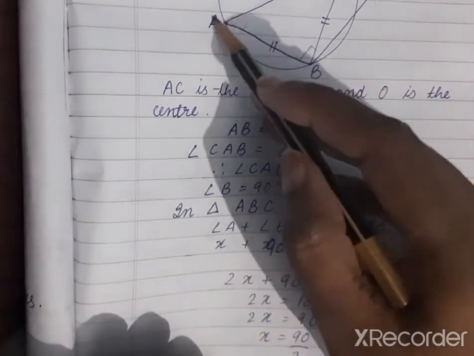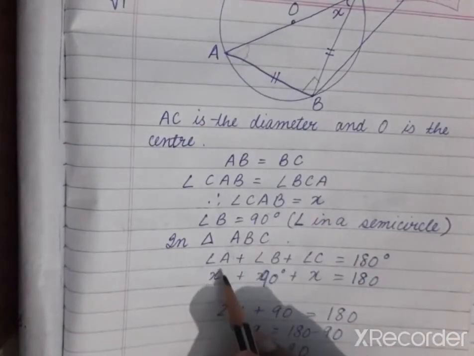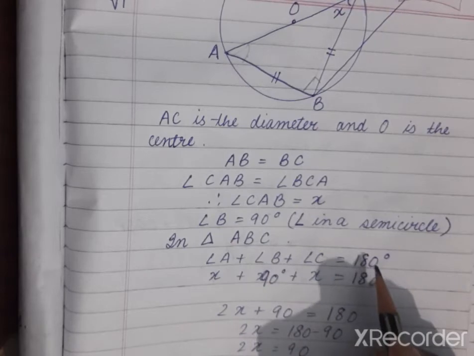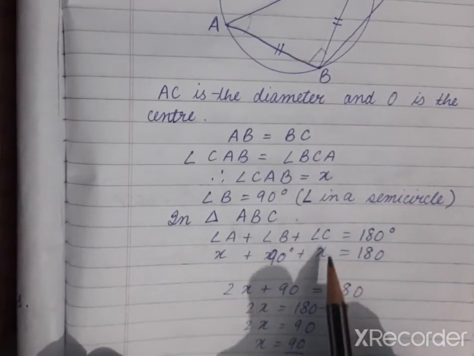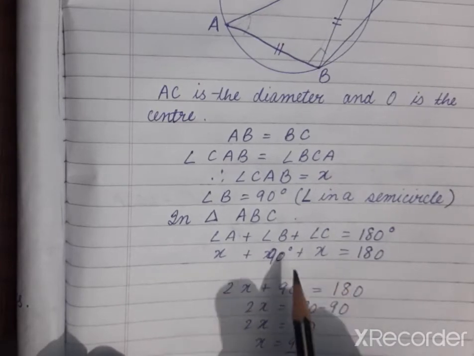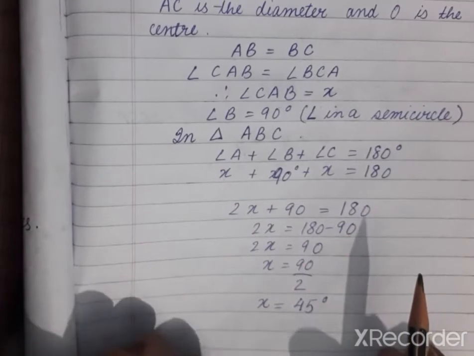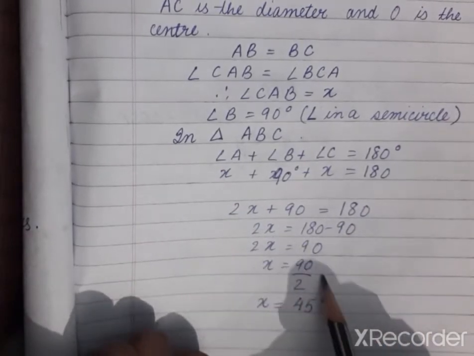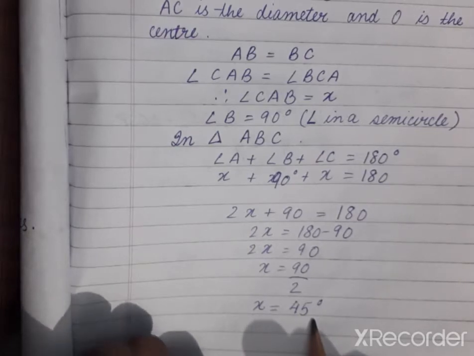Then in triangle ABC, A plus B plus C will be equal to 180. By putting the value, A and C are x, therefore x plus x plus 90 equals 180. 2x equals 90, then x will be equal to 90 upon 2, that is x is equal to 45. This will be your answer.